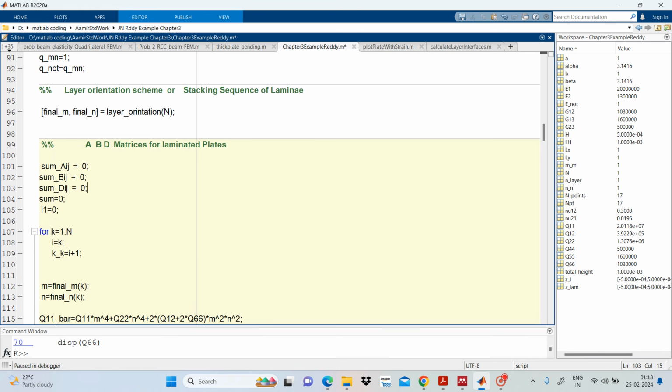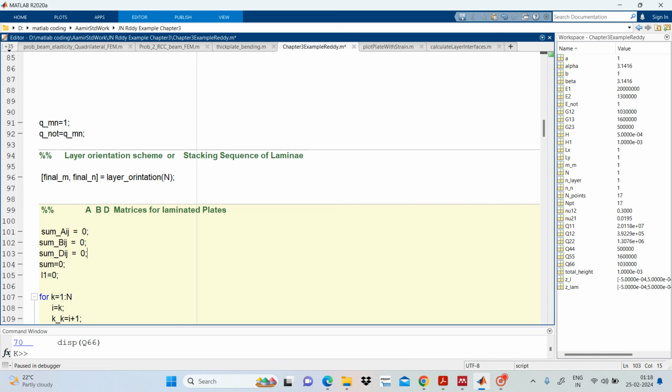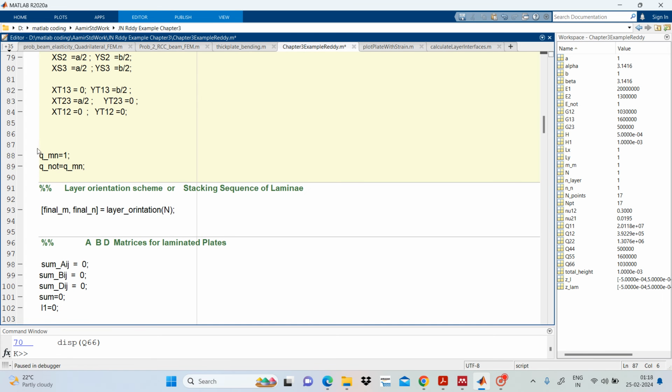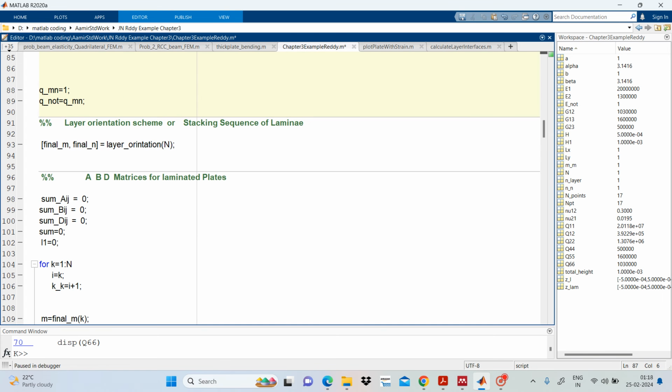Now this is the transverse loading position, but here we are not going to load anything right now, so it is not of use. And the layer orientation scheme or stacking sequence: right now there is only one plate, so no other stacking sequence is required. Therefore it will take the number of layers as 1 and do it itself.